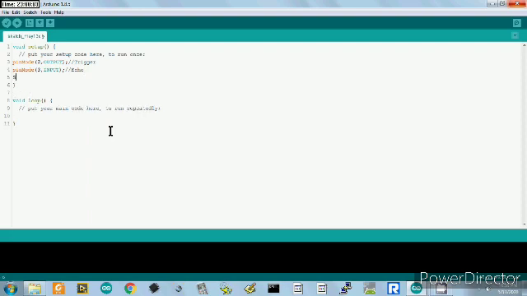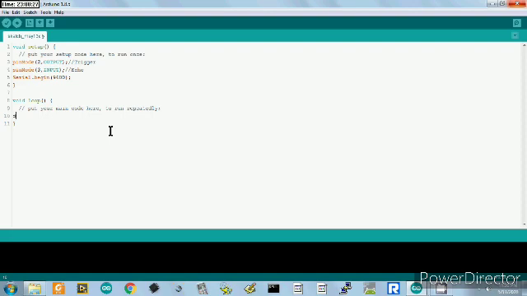So for debugging, I am enabling the serial port at 9600 bits per second. Now we have to generate the trigger.